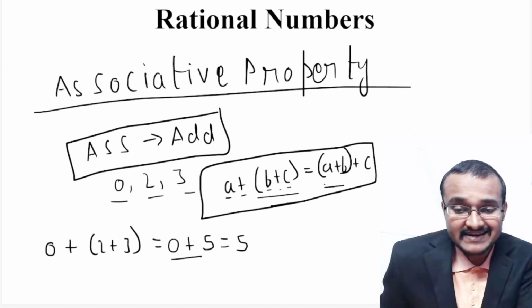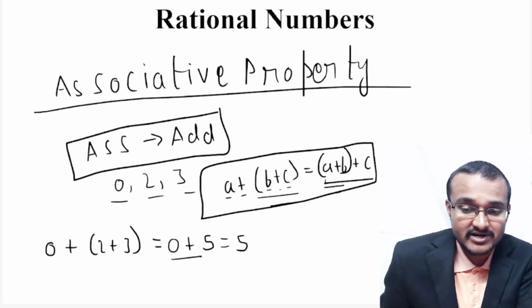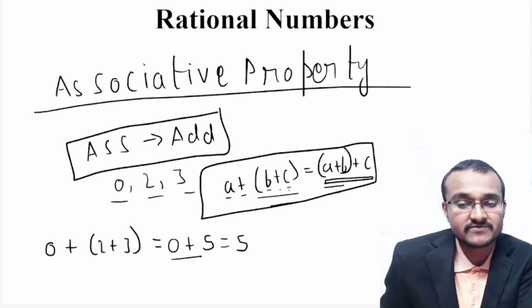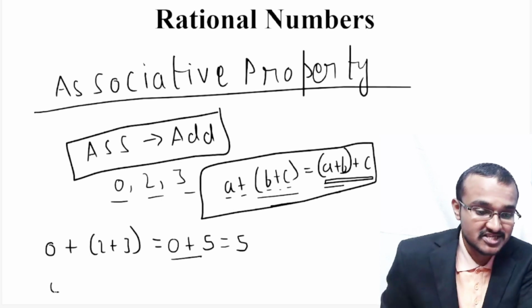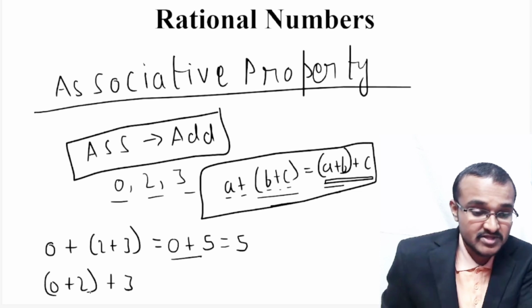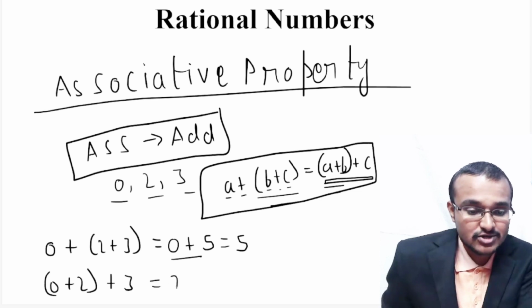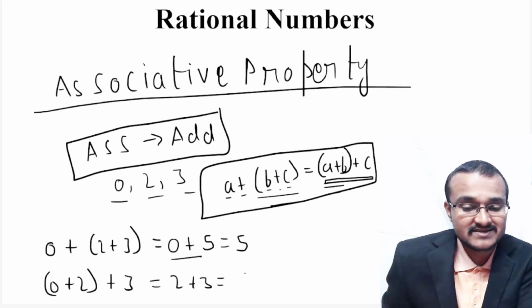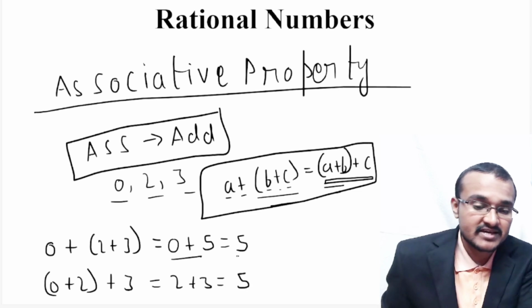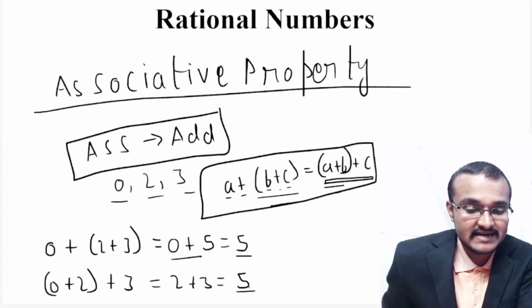Now write the 0, 2 and 3 in the form of the RHS of this equation. So 0 and 2 will come inside the bracket, and plus 3 will go outside. So 0 plus 2 is 2, plus 3 will be there as it is. Now 2 plus 3 is 5. Here also you are getting the answer 5.